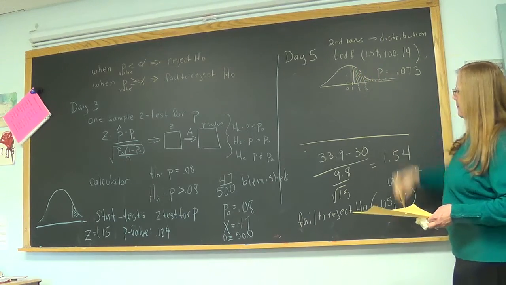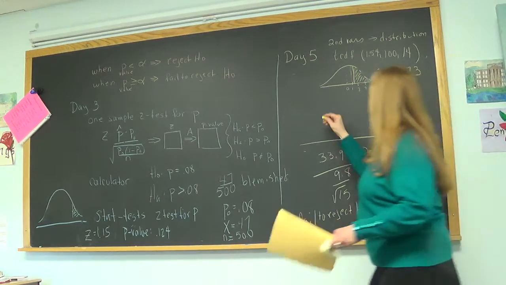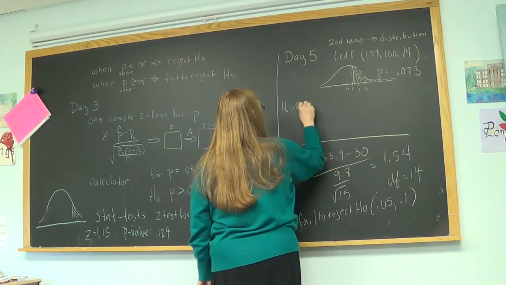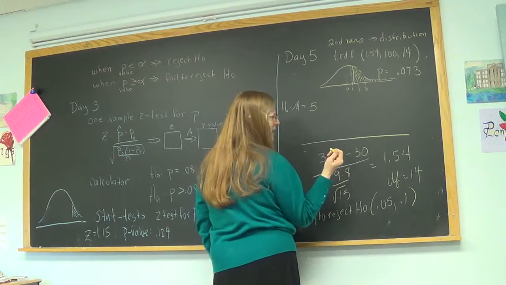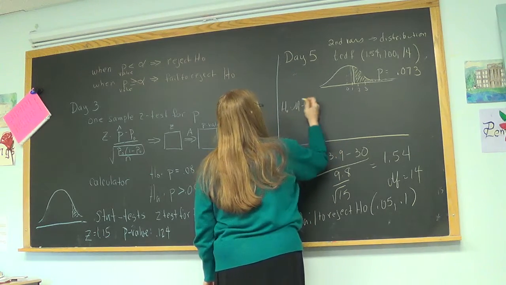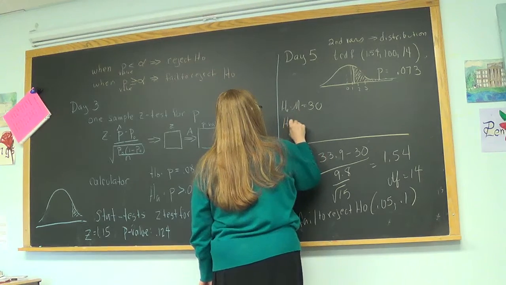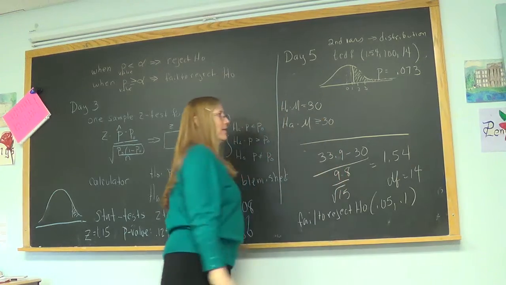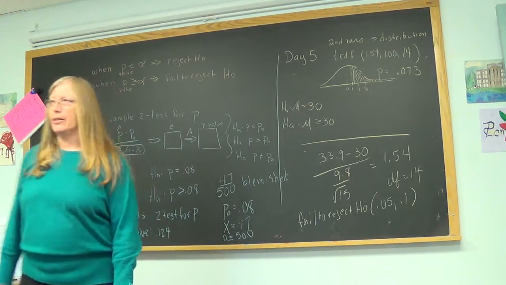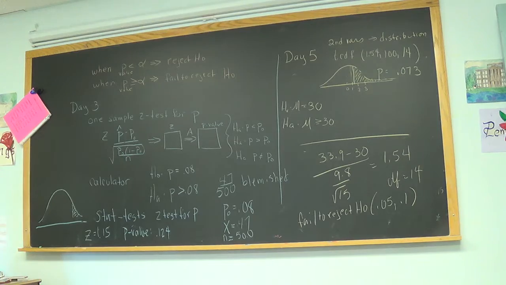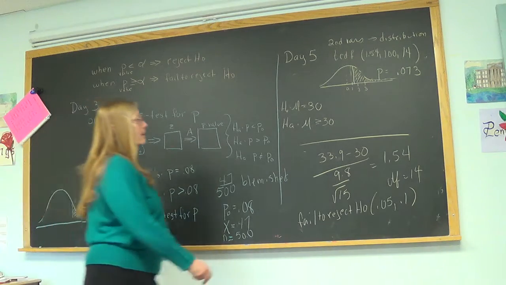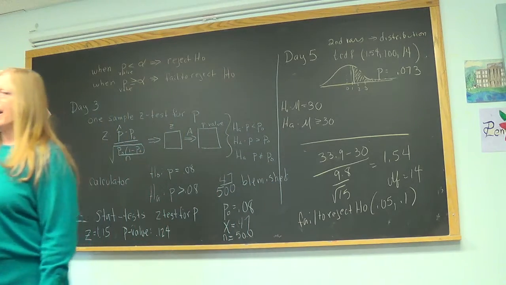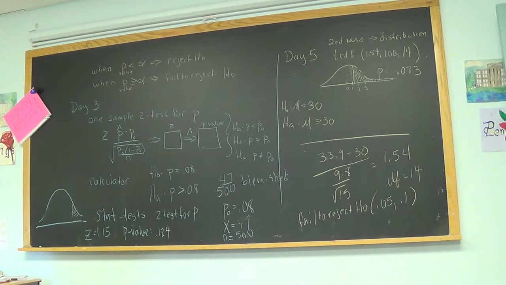We're looking at mu greater than. H sub o was mu equals 30, and H sub a is mu greater than. That tells us what tail, what side we want. So we have the t value, then we just put an upper bound, any bigger number. 10 would probably work as well, but not 1,000. The calculator gets mad if you go too high.